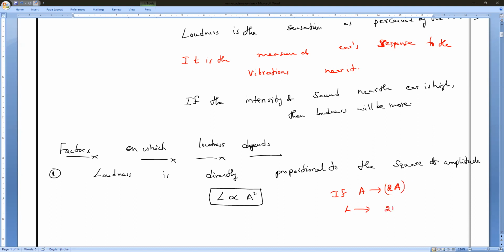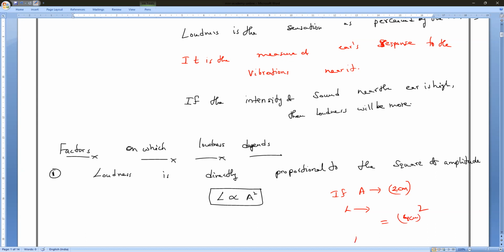So what will happen? 4 times. Suppose initially the amplitude is 2 centimeters. Now it becomes double, 4.